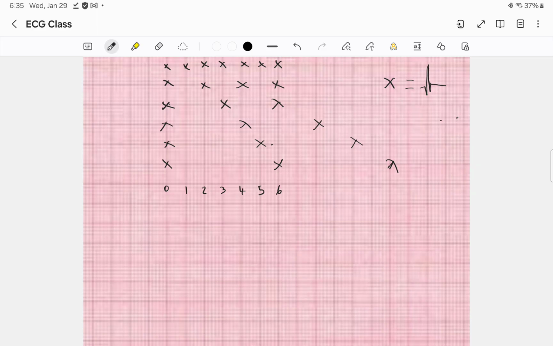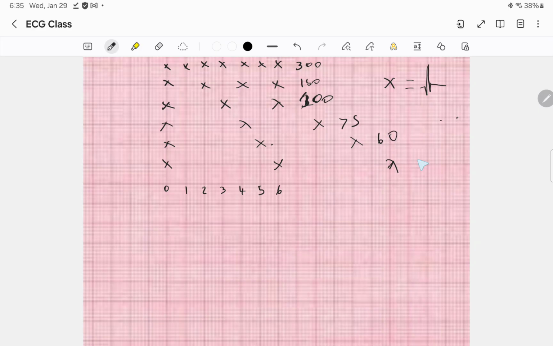So what we're saying is, for A, 300 divided by 1 would be a rate of 300. 300 divided by 2 would be a rate of 150. 300 divided by 3 would be a rate of 100. 300 divided by 4 would be a rate of 75. 300 divided by 5 would be a rate of 60.